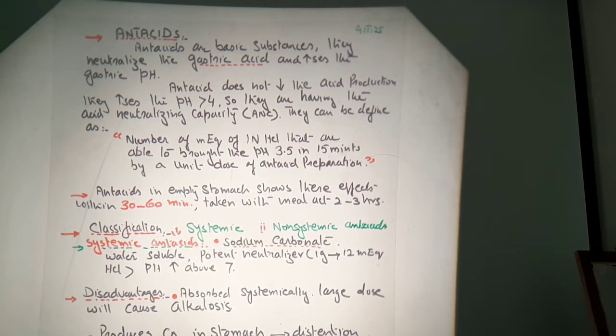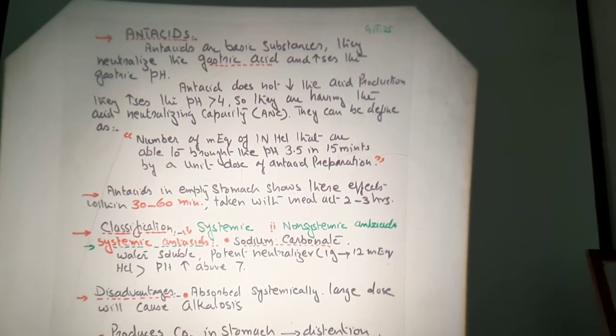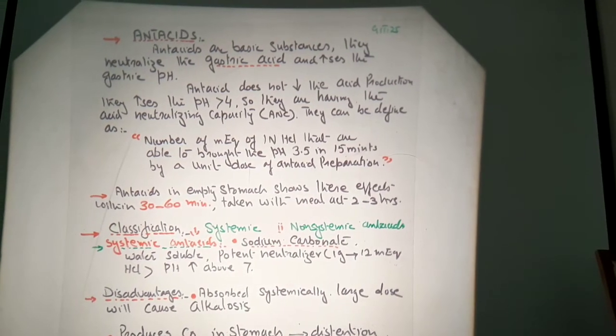Now you know that acidity takes place due to the higher concentration of hydrochloric acid in the stomach. So we have to use such drugs which cause the opposite physiological action on the stomach, that is, to increase the pH of the stomach, and that is known as neutralization.